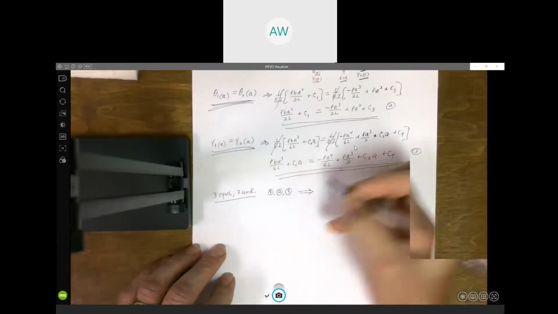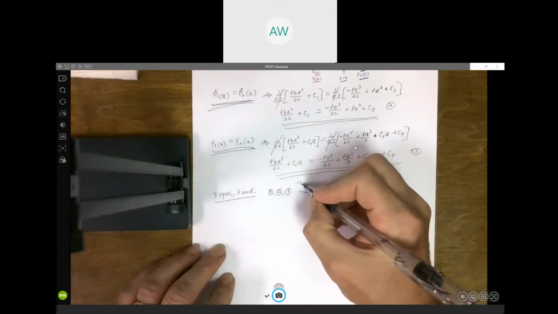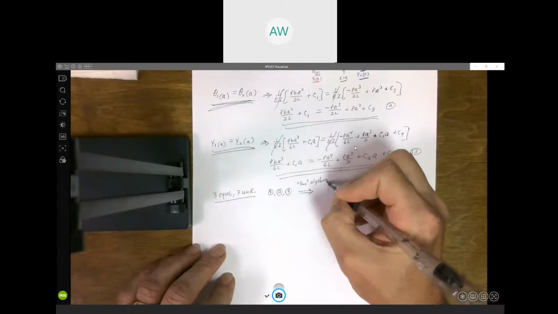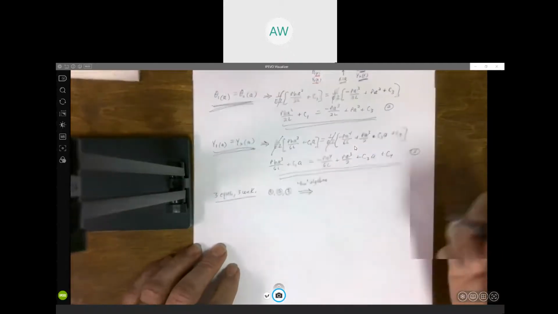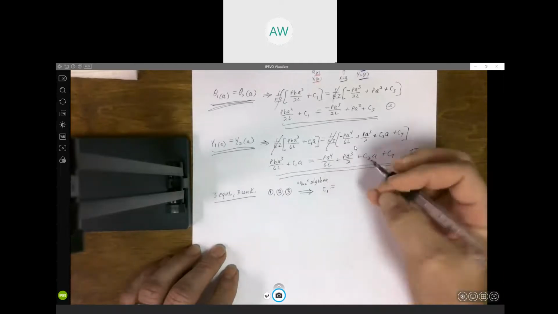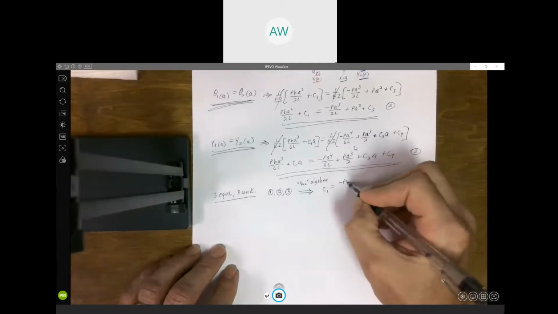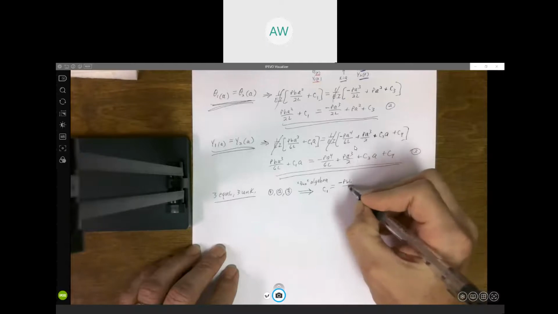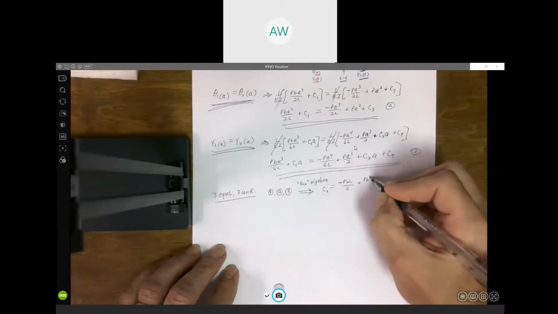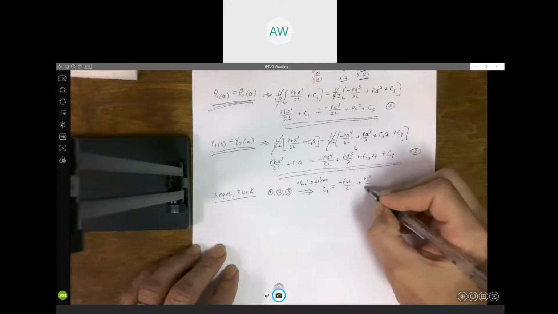And again, I'm going to skip all the fun algebra. And this is what I got. I got C1 comes out to be minus PBL over 6 plus PB cubed over 6L.